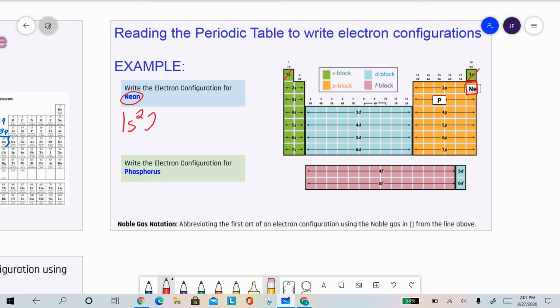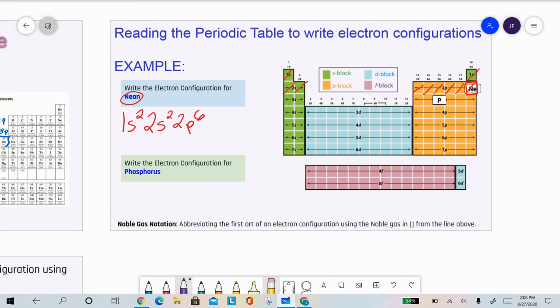Then in 2s, because that's my next one, I have 1 electron, 2 electrons. And then in my 2p, I have 1, 2, 3, 4, 5, 6 electrons. So my electron configuration for neon is 1s2, 2s2, 2p6.